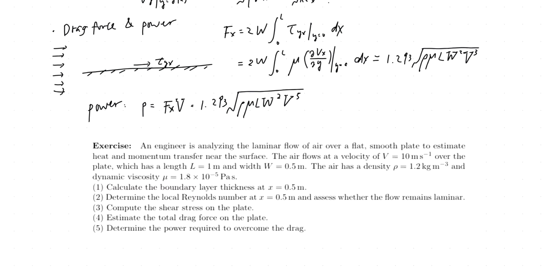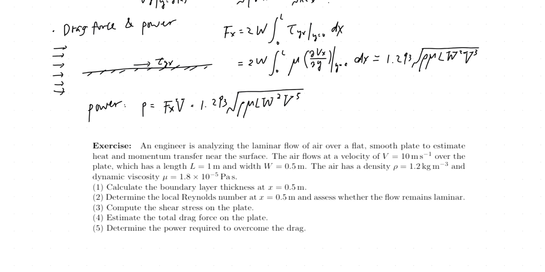So the problem is you have a laminar flow of air over a flat smooth plate. If you wanted to estimate heat and momentum transfer near the surface, you have to consider the boundary layer effect. The incoming air flow is at a constant velocity, capital V. The plate length and width are given, and the density of the air is also given, and also the dynamic viscosity.